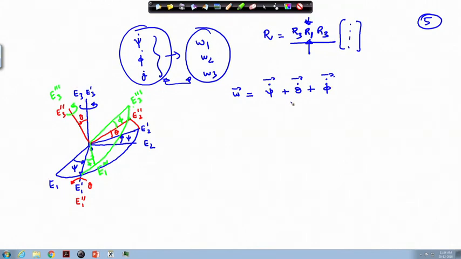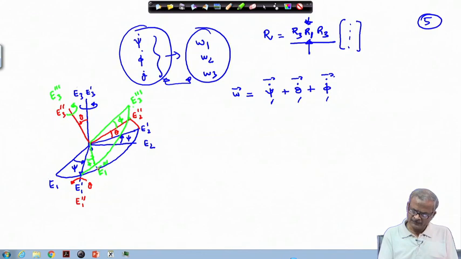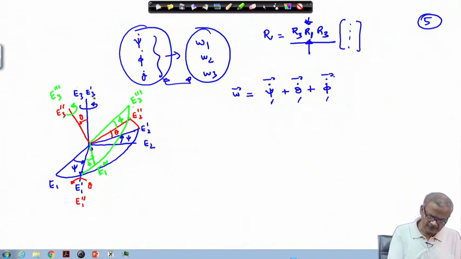So, one way of doing it will be that we write the unit vector along the psi dot direction, theta dot direction and phi dot direction. So, here in this case this is psi dot.